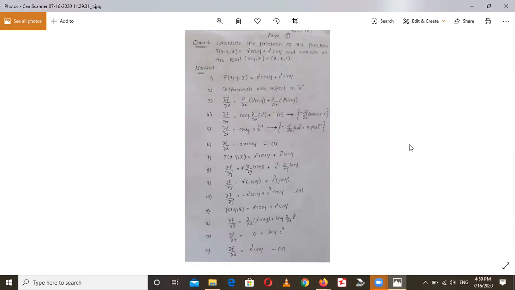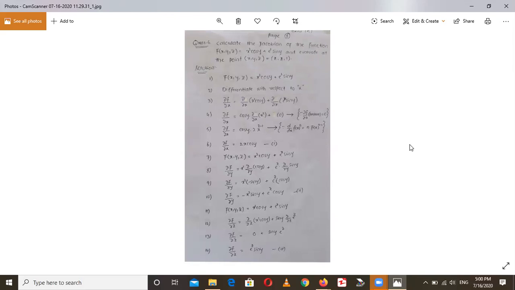That is del f by del x, equal to del by del x of x square cos y plus del by del x of e power z into sin y. Do you understand?